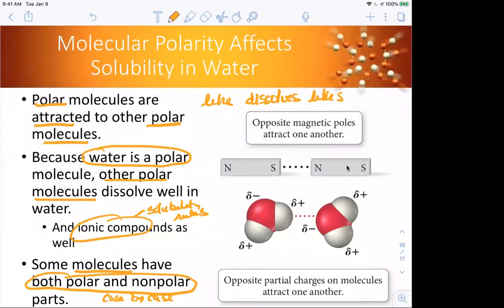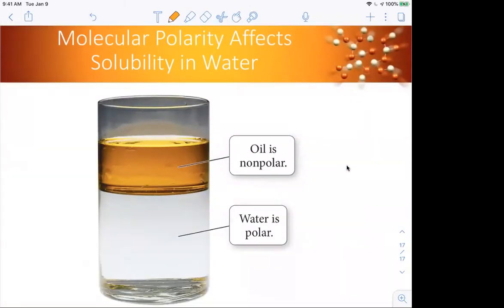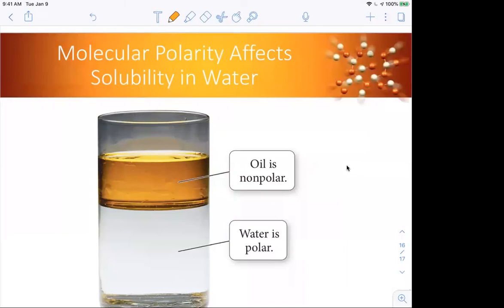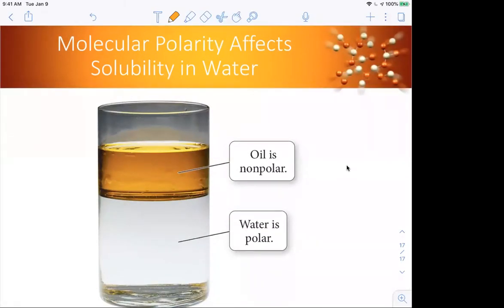If the polar part is larger and more important in the overall structure, the overall molecule will probably be polar. If the nonpolar piece is really large compared to the polar part, sometimes that will determine physical properties as well. So we're going to learn a lot about this in our course, but this just gives you an overview. This is how you can use this to assess physical properties.